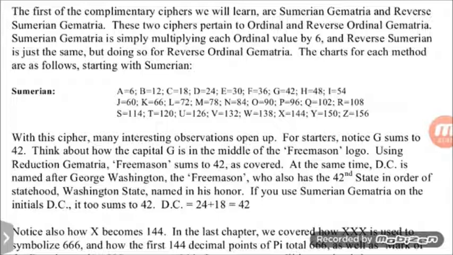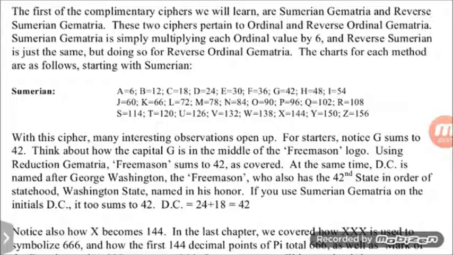With this cipher, many interesting observations open up. For starters, notice G sums to 42. Think about how capital G is in the middle of the Freemason logo. Using reduction gematria, Freemason sums to 42 as covered.